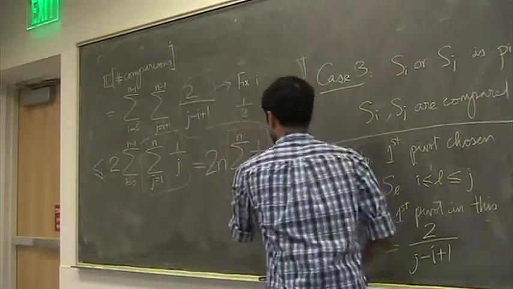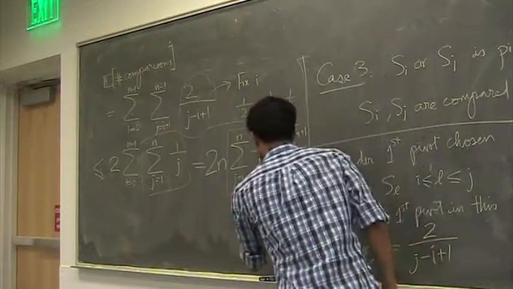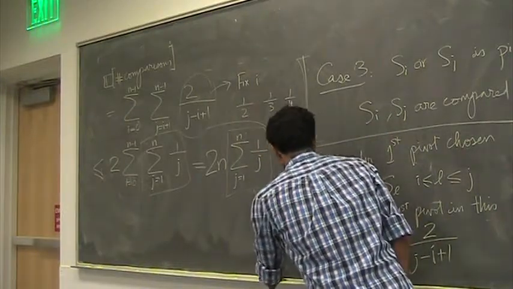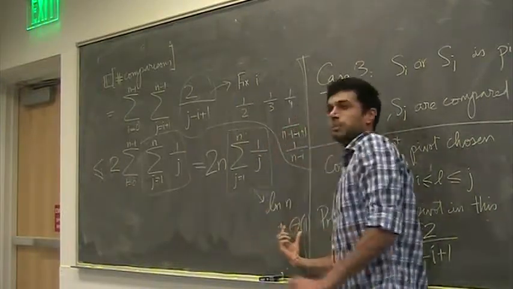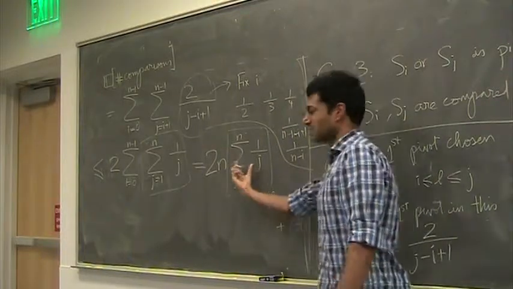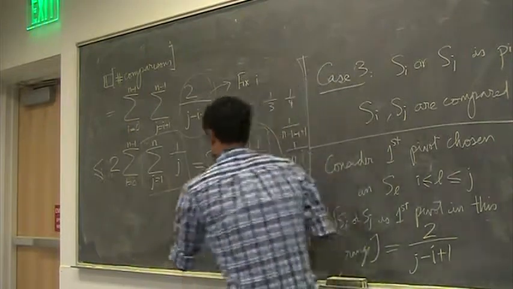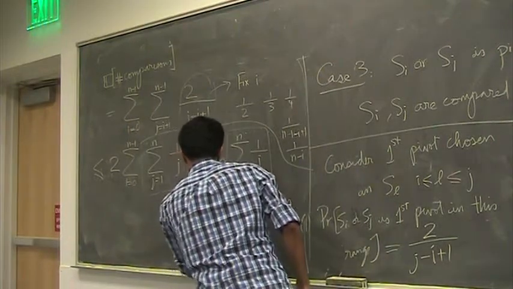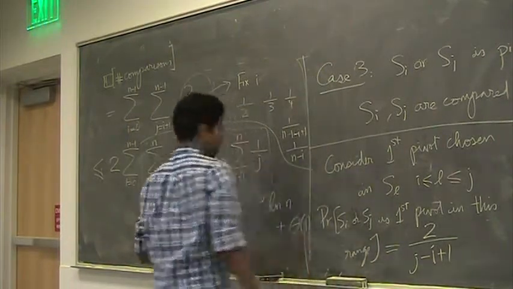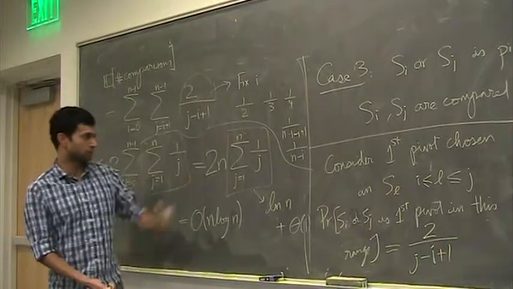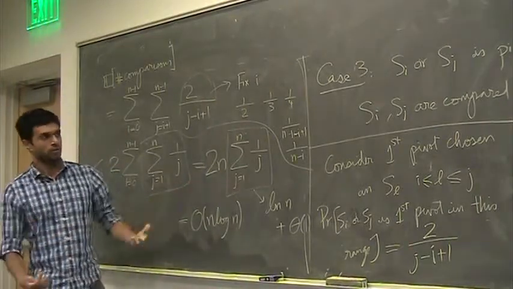The nth harmonic number is technically log n plus theta of 1. I mean, it's log n plus something. The point is, this thing is at most like 2 log n, whatever. So this is O of n log n, right there. Because this is the harmonic number, and we're done.